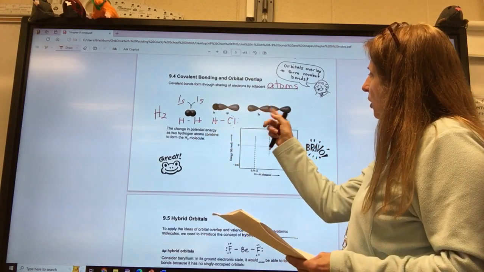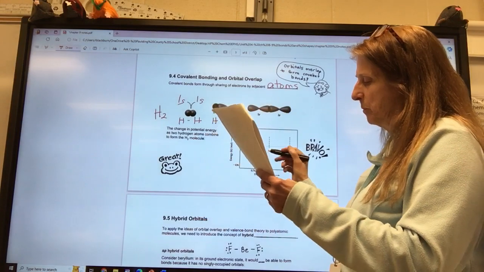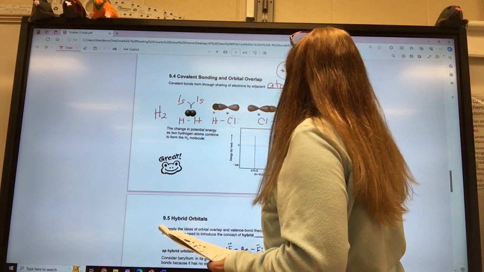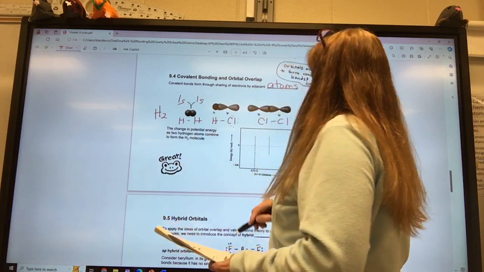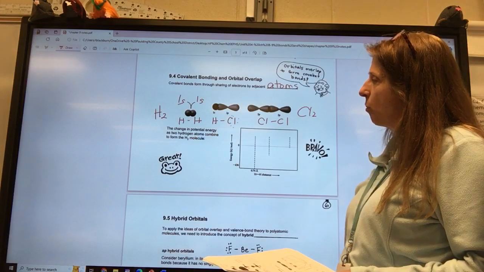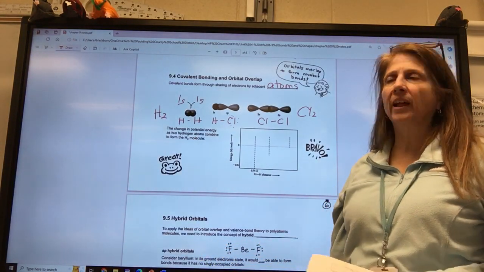Here we've got two 3p's overlapping. See their little Venn diagram in the middle? And this would be like chlorine bonded to chlorine. So this is the Cl2 molecule. Okay, how do we feel about that? Can we imagine that?